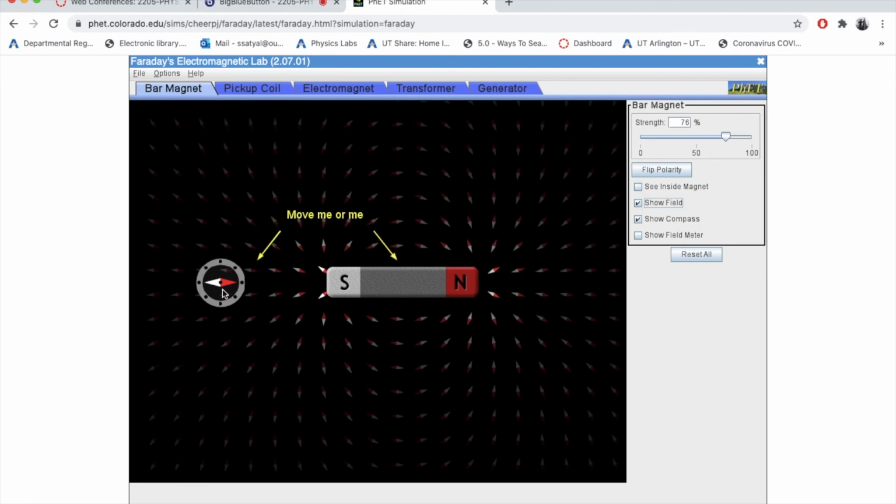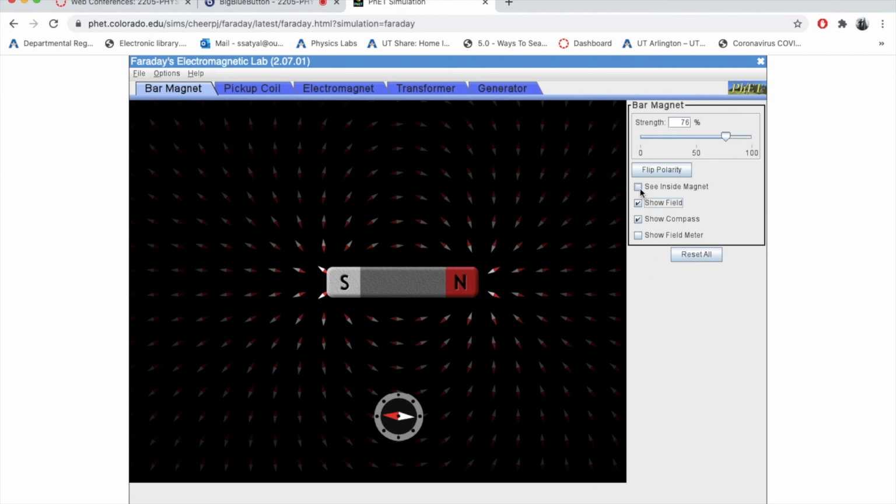And this is your compass that you can move around, and as you move the compass around, you see the compass needle, the red is always north, so the north is always attracted towards the south pole, and you can move along these field lines, and your compass should point exactly as the field lines of the magnet.